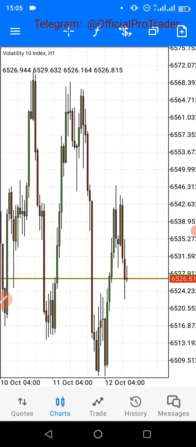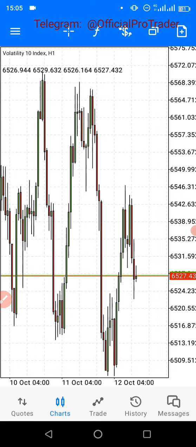Basically, there are two types of divergence. We have the regular divergences and then the hidden divergences. Of course, there's a third kind of divergence called the exaggerated divergence, but I will leave that out for now.